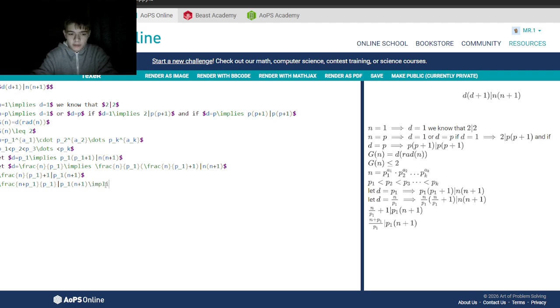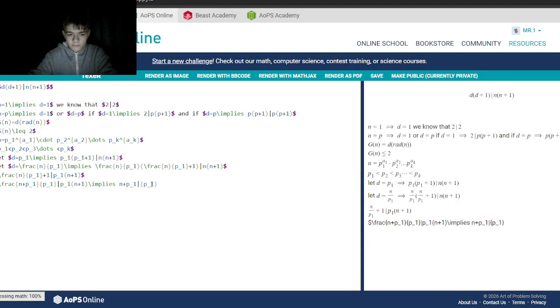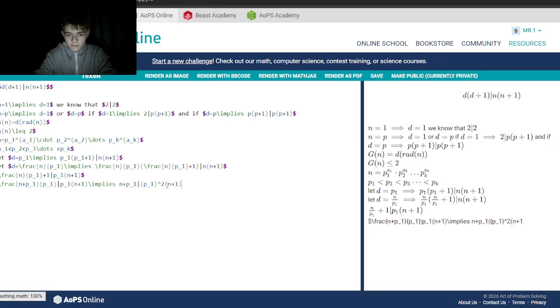So this implies that n plus p1 divides p1 squared times n plus 1. Okay. Now we can replace n with this.